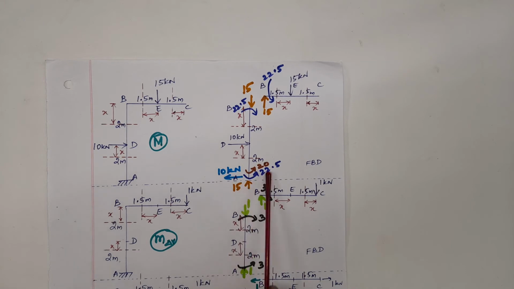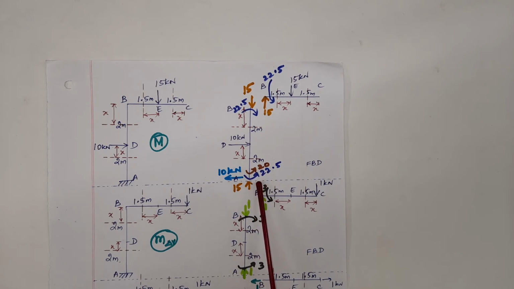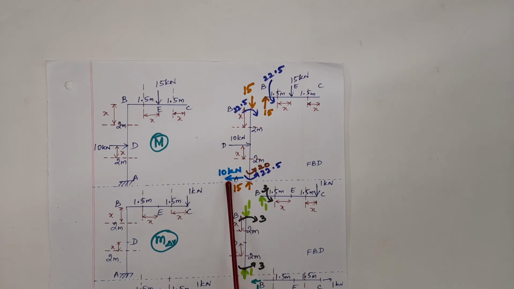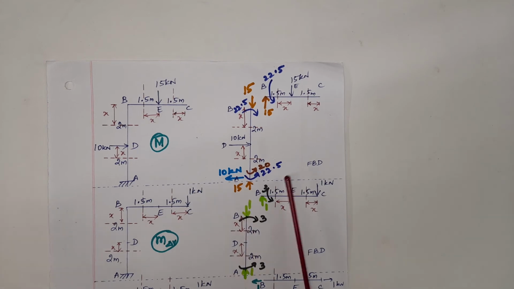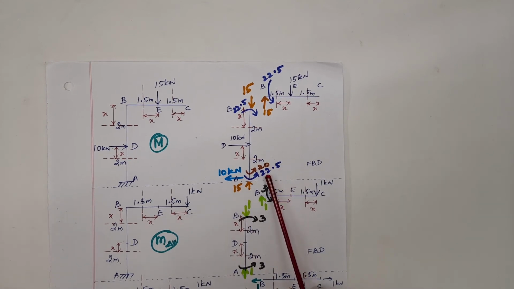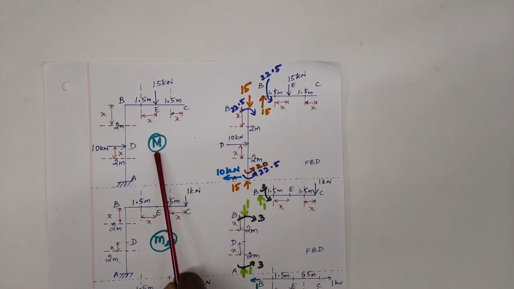So resistance will be in the anti-clockwise direction, 20. If you need to find the reaction from this free body diagram, the algebraic summation of all the moments at A will be support moment at A, horizontal reaction at A, and vertical reaction at A. This diagram has to be considered for writing my capital M expression.